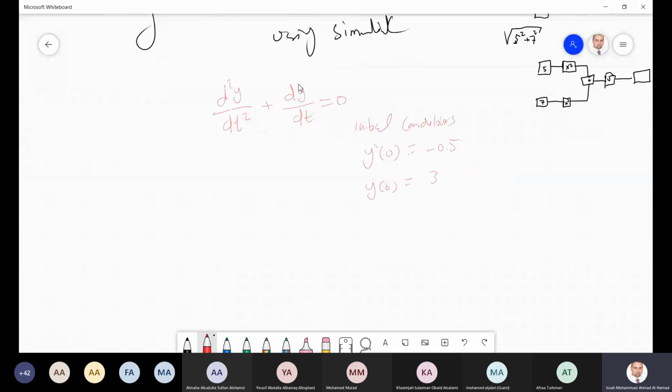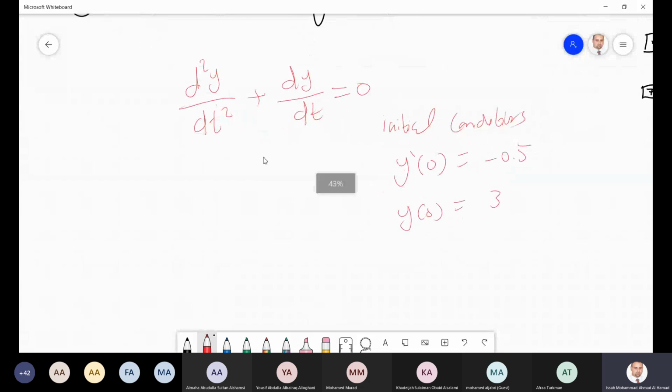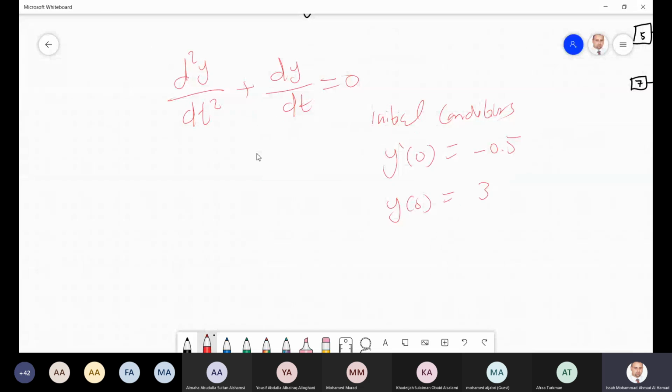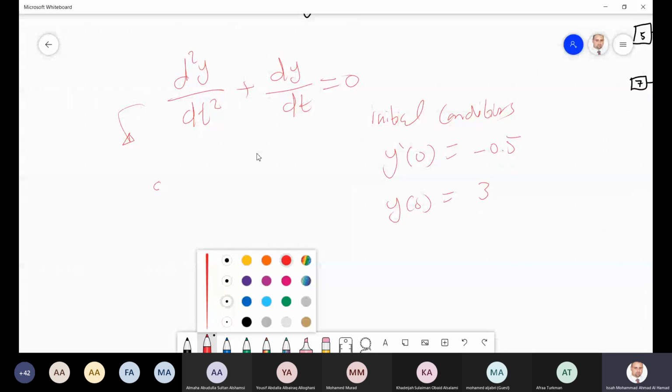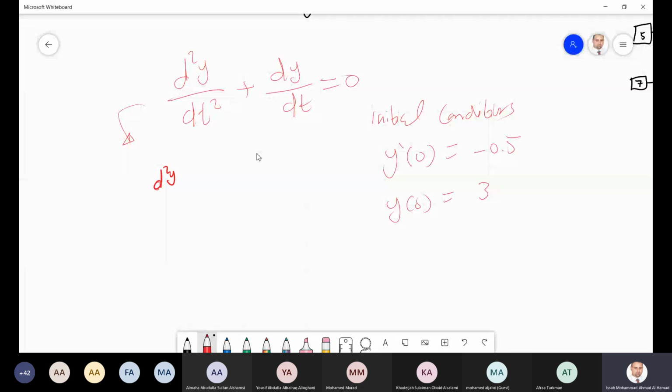Now, if you look carefully at this differential equation, if we say, for example, that d square y over dt square equals y double prime, and dy over dt equals y prime.